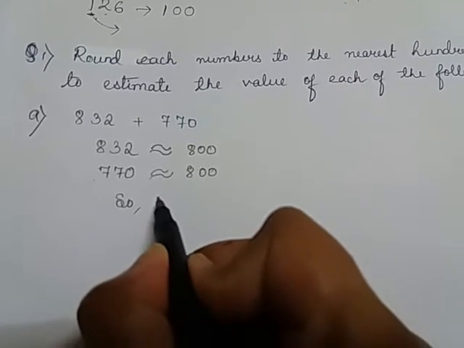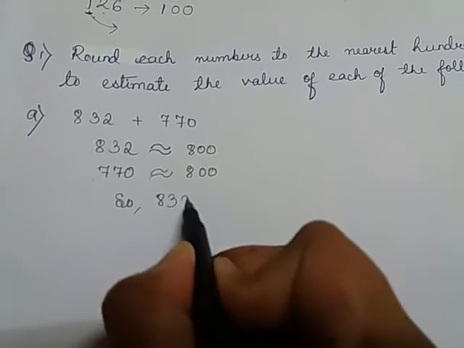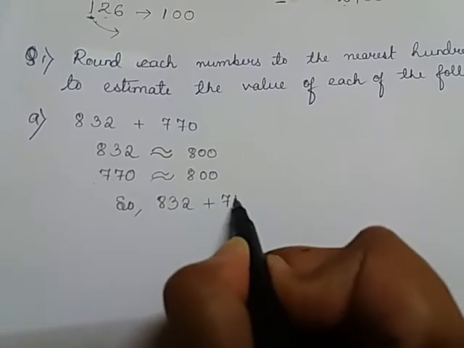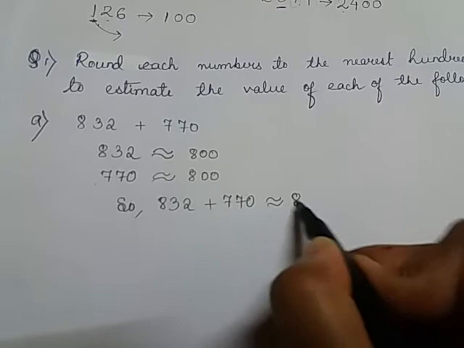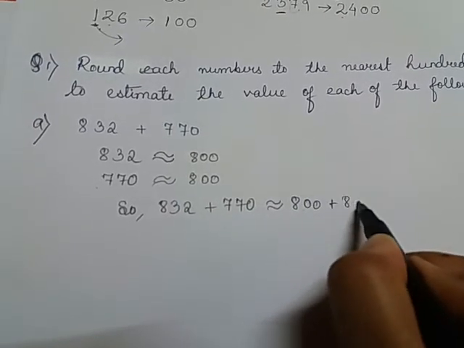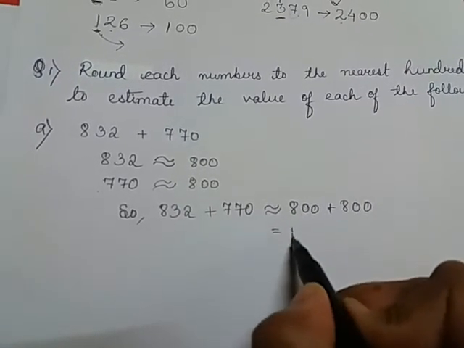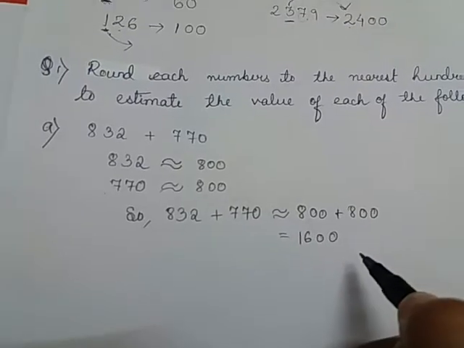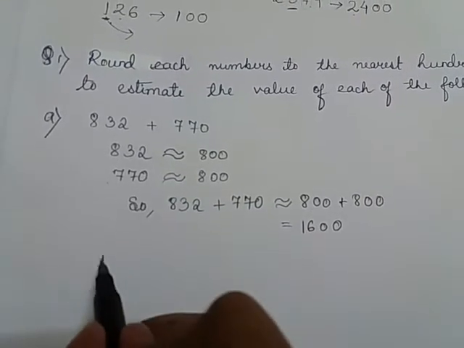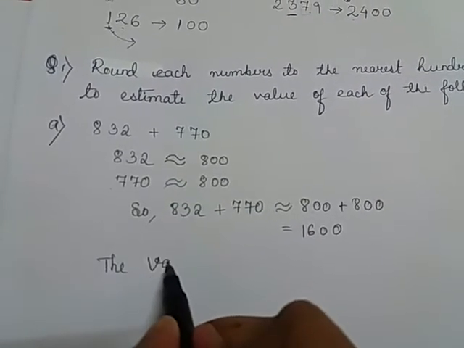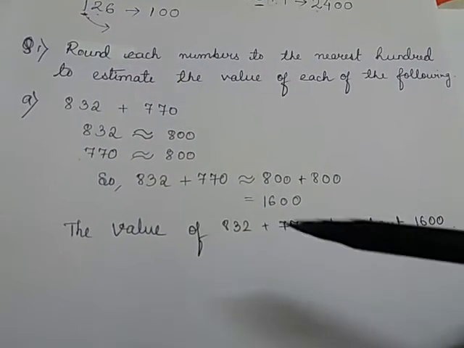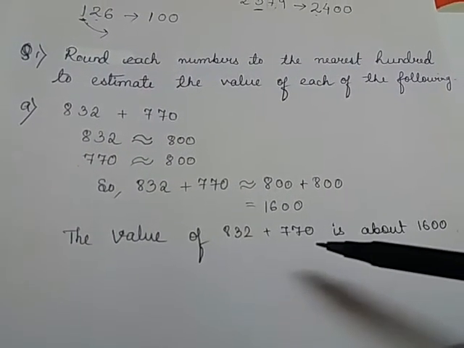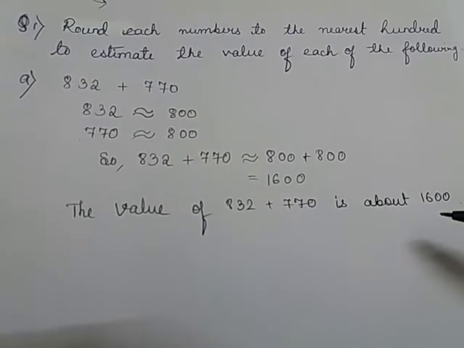So we will write 832 plus 770 is approximately equal to 800 plus 800, which is equal to 1600. So we can say that the value of 832 plus 770 is about 1600.